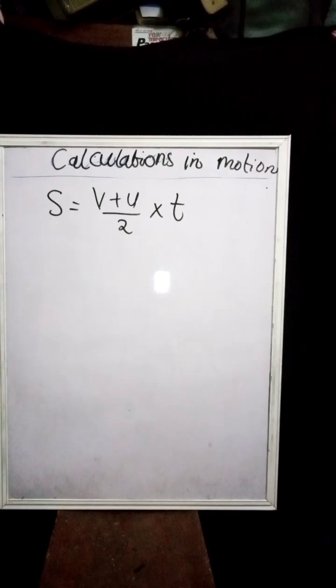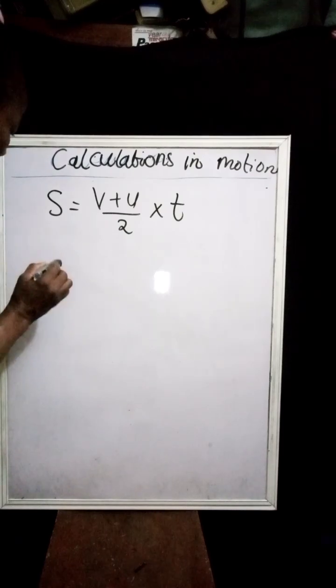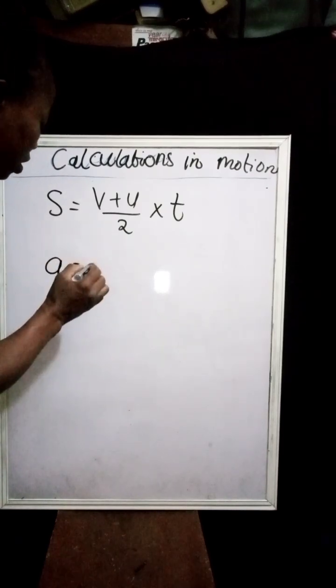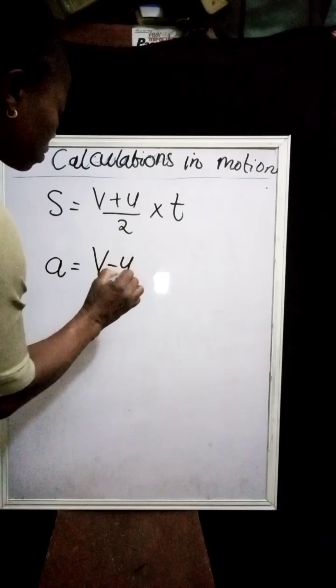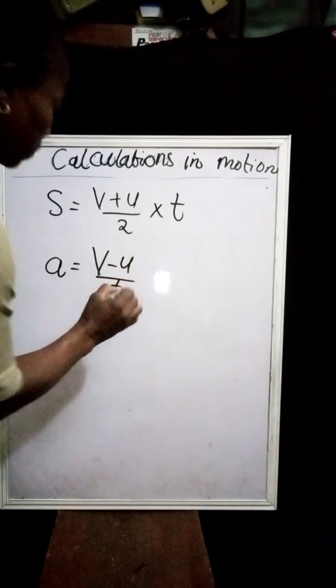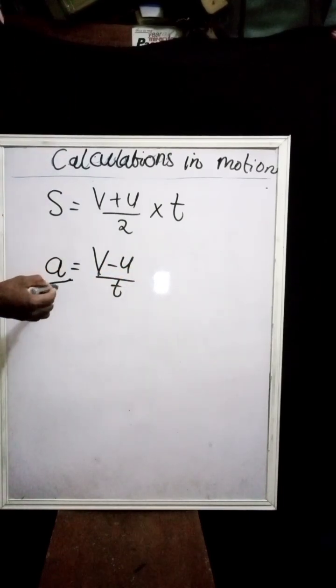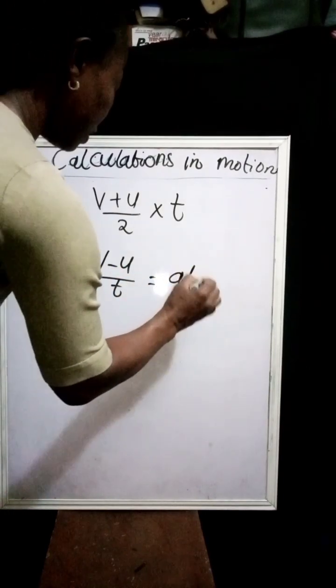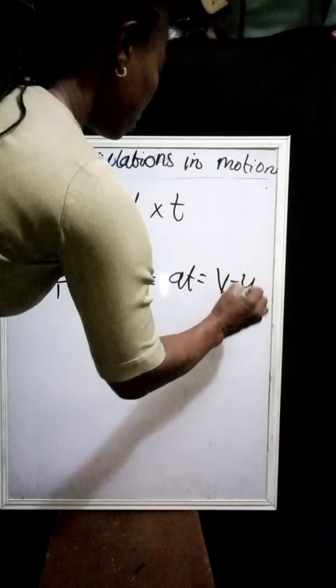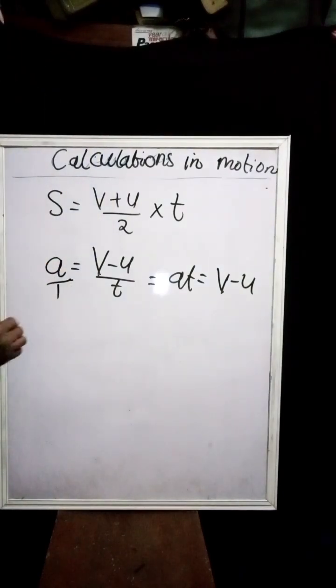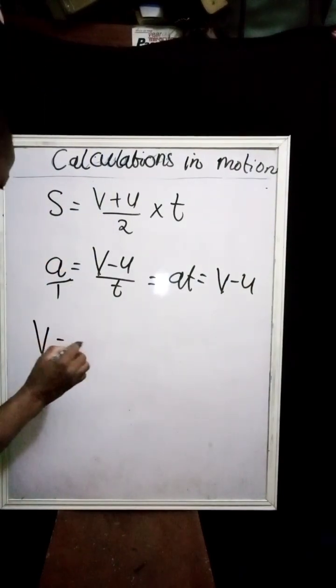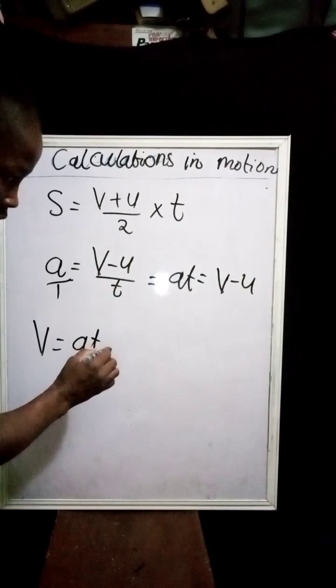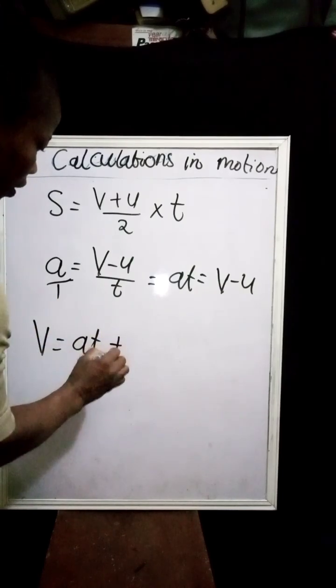But we know that acceleration is the change of velocity divided by time. So a, which is acceleration, is what? v minus u over t. Well, if we cross multiply, we will have that at is equal to v minus u, such that v will be equal to at plus u.